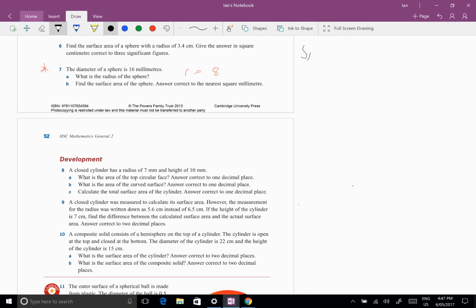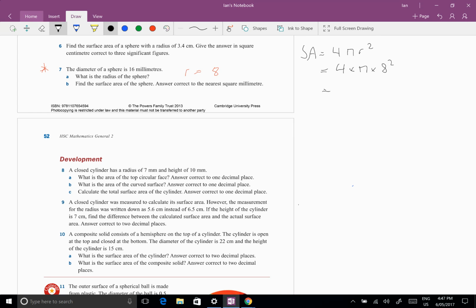Well, the surface area of a sphere is 4 pi r squared. So 4 times pi times 8 squared. And that's pretty easy. Go to my calculator. 4 times pi times 8 squared.